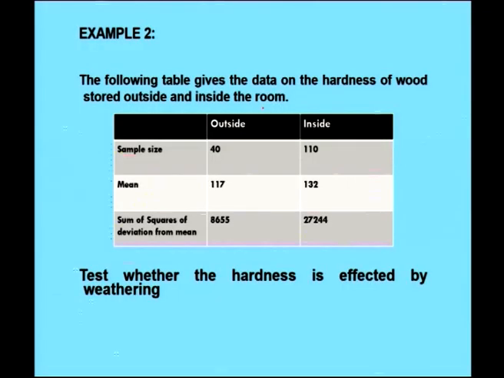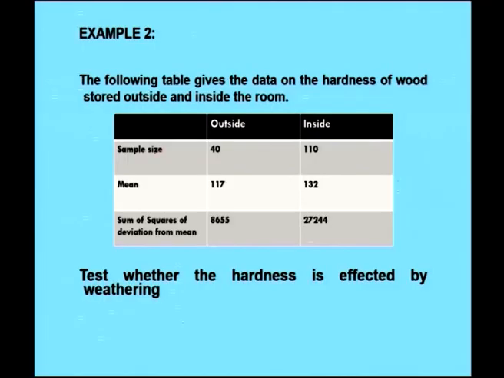One type of sample is the wood taken from outside the room and the wood taken from inside the room, because outside it will be affected by various factors like moisture, sunlight, rain, everything will affect the wood when it is kept outside. And inside we have to check what is the difference between outside wood and inside wood. So, that is what is given.